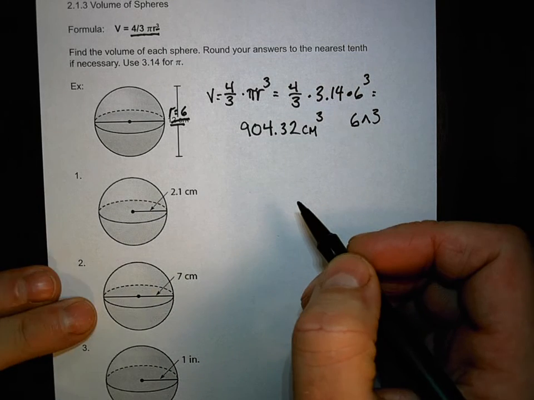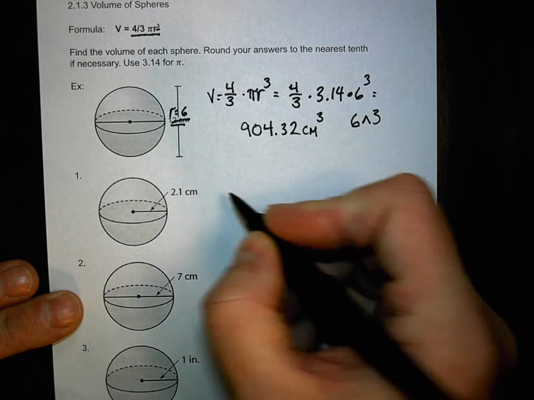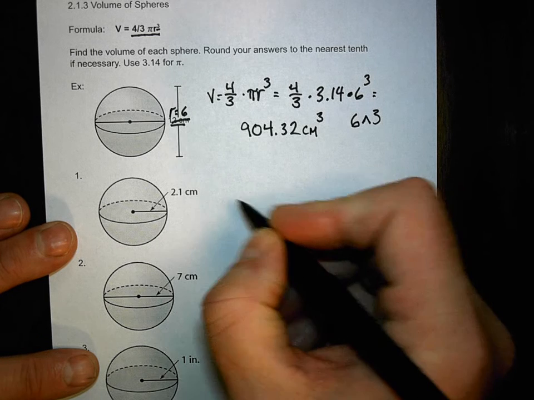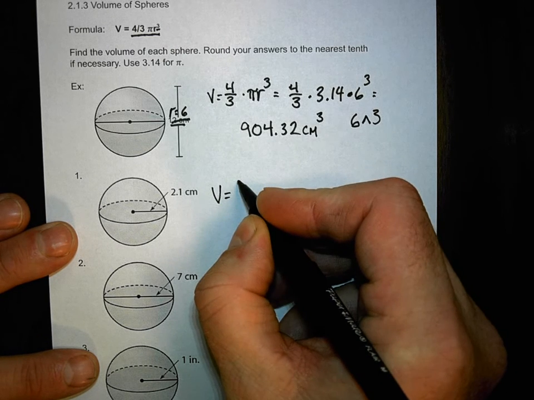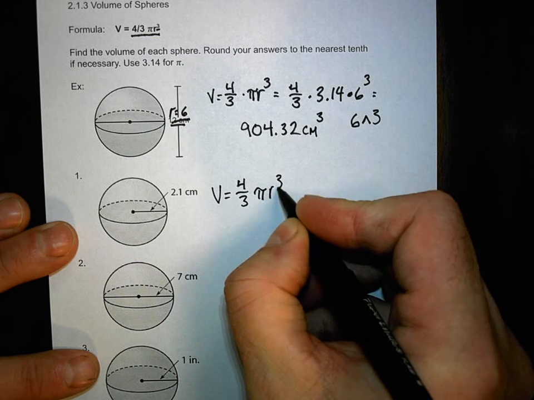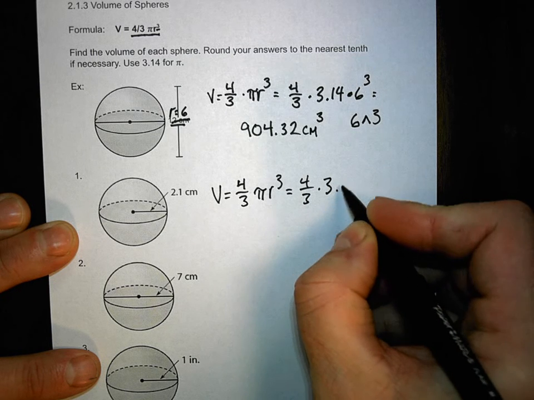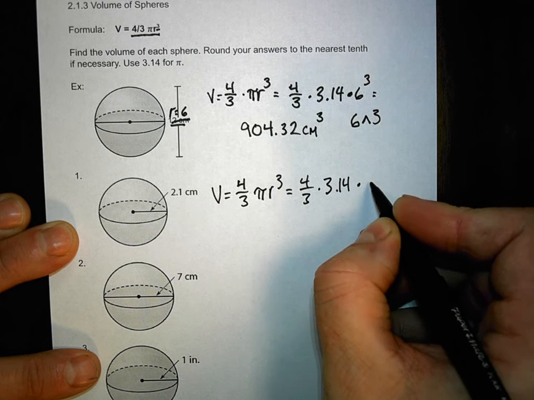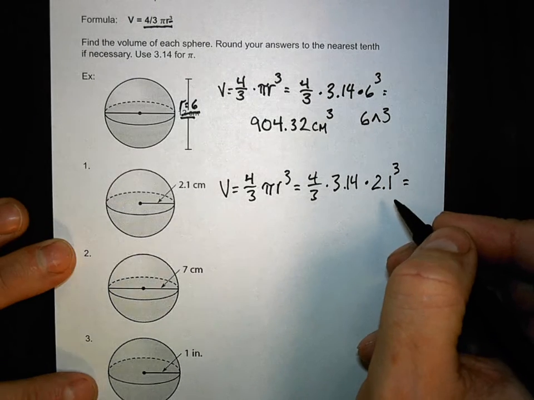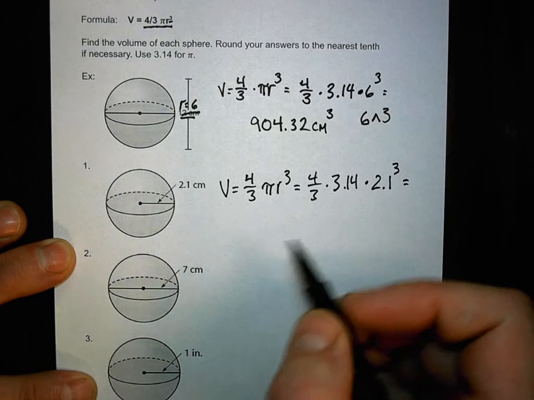So, Reed, how do I do number 1 here? For number 1, V equals 4/3 times pi r cubed equals 4/3 times 3.14 times 2.1 cubed. You didn't have to convert that down? No, because it's already the radius. Good, okay.